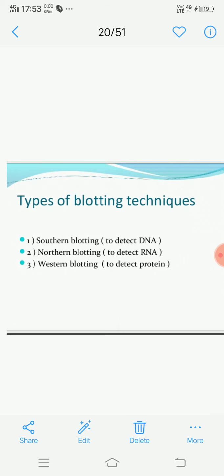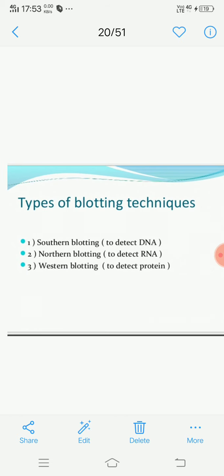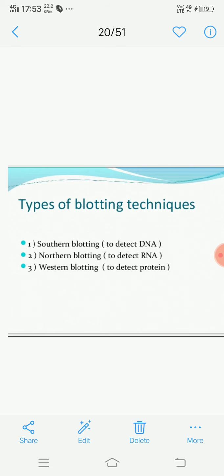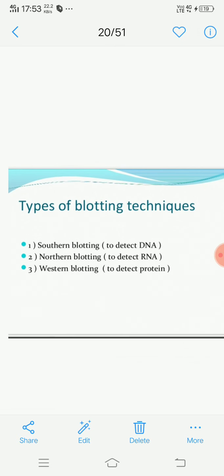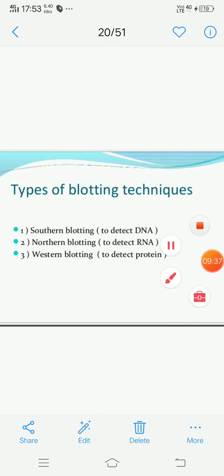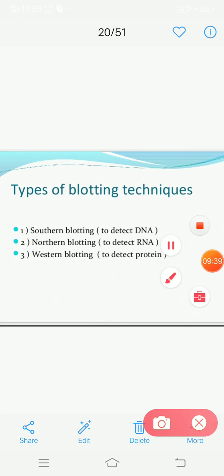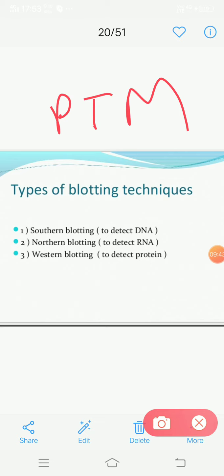In the eastern blotting technique we can detect the post translational modification. What can we detect here? The post translational modification, like glycosylation, addition of a lipid molecule to the protein. Translation means the protein molecule is produced after the translation.